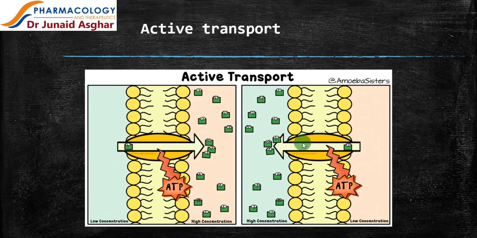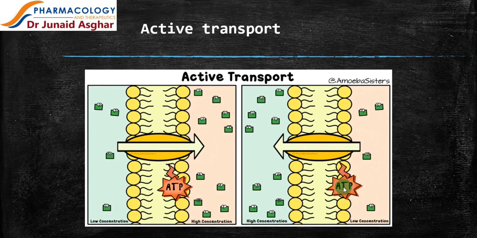This is the one similarity. The dissimilarity is that in active transport there is movement from lower to higher concentration, whereas in facilitated diffusion there is movement from higher to lower concentration. And of course there is one more dissimilarity, as I already mentioned. There is ATP in active transport. There is no ATP in facilitated diffusion because that is not required.